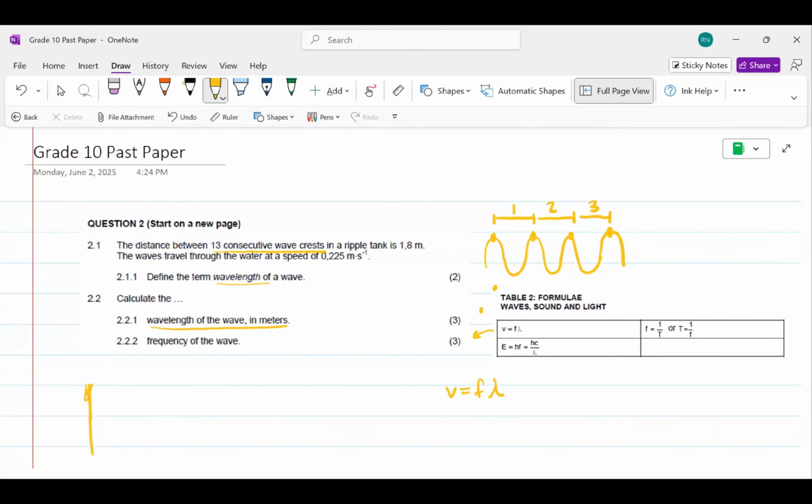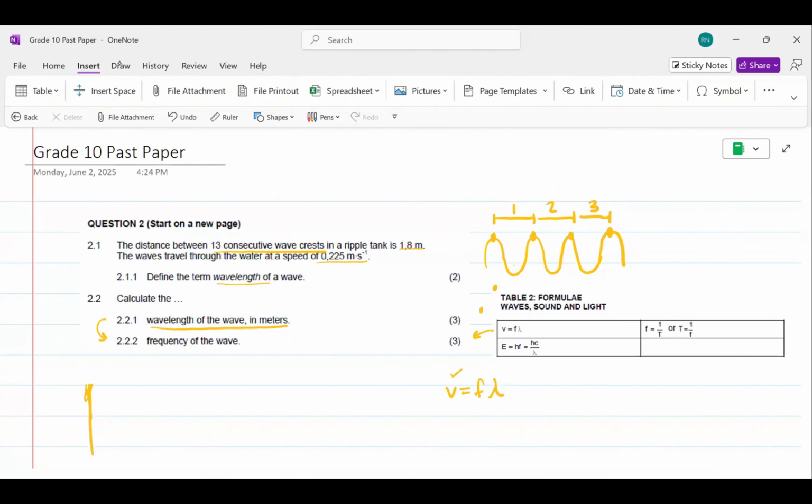And we have the speed, so you could say, okay, let me just use that one, but we don't have the frequency, and we don't have a period. We just have our speed, but we don't have the wavelength. We just know that there are 13 wave crests, and they take 1.8 meters to complete. So the first question is actually going to help us answer the second question. If we can get that, then we'll know that we're secure for the second question.